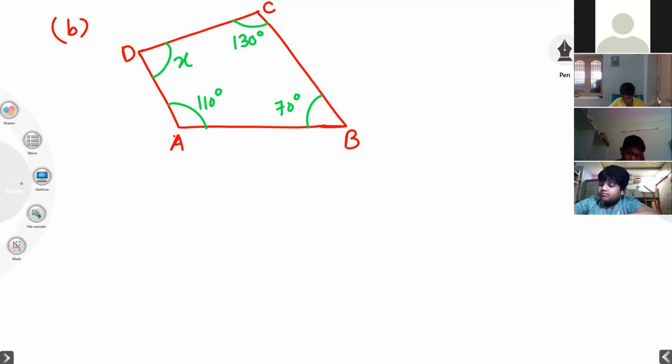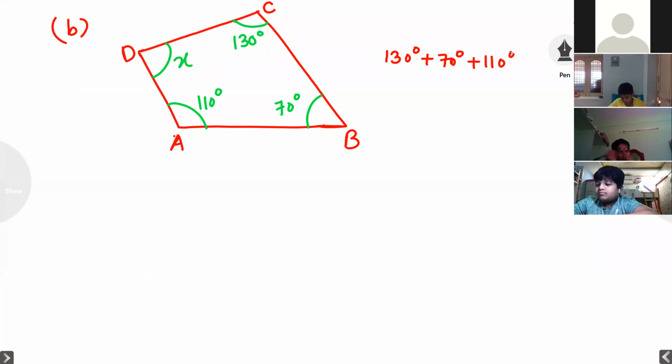I want to add first here 130 degree plus 70 degree plus 110 degree. 130 plus 70, 200. 200 plus 110, 310.